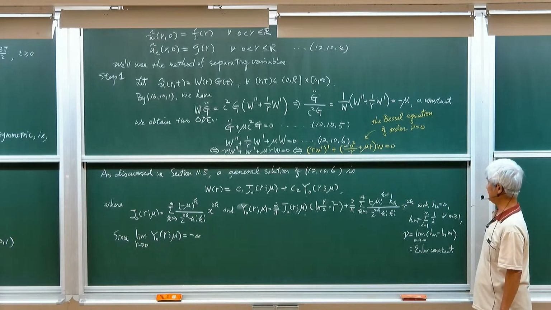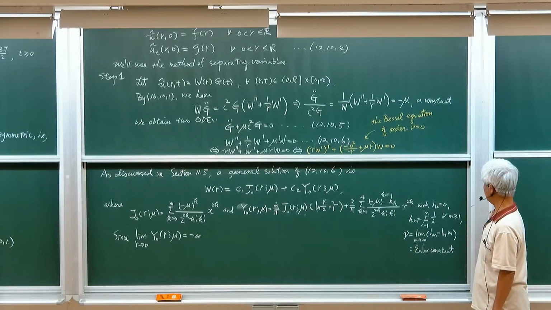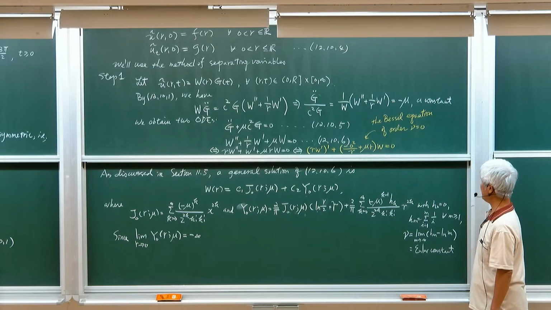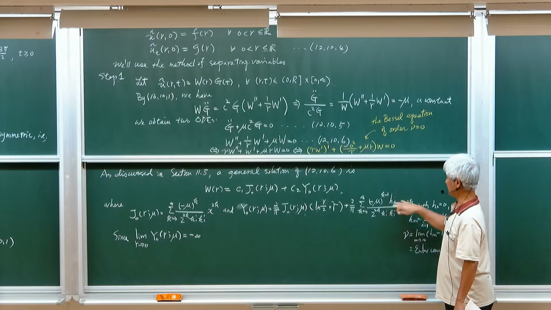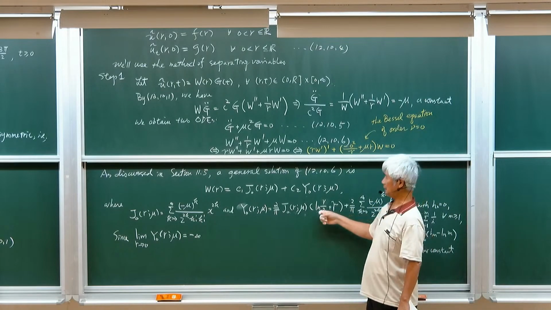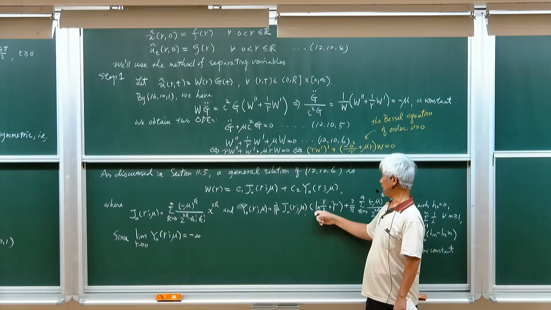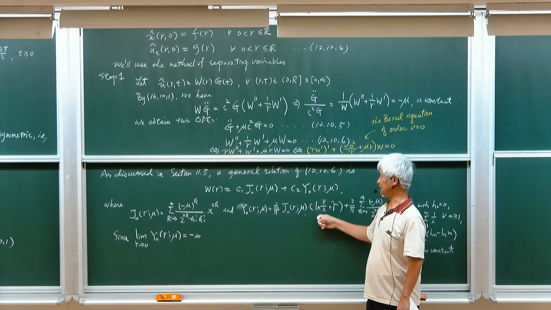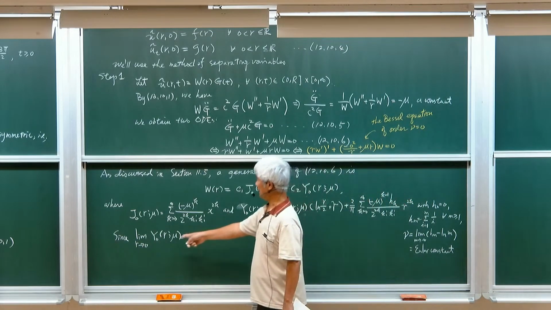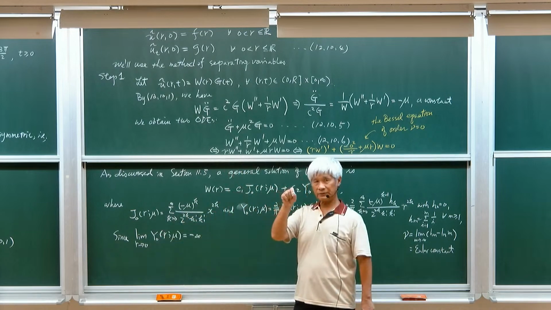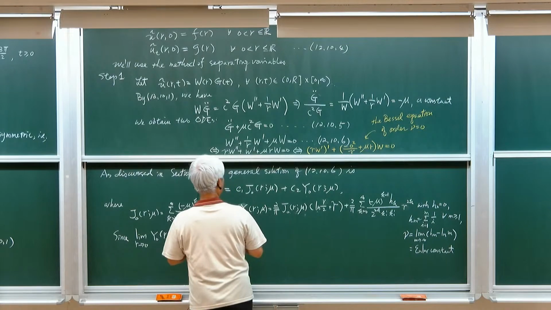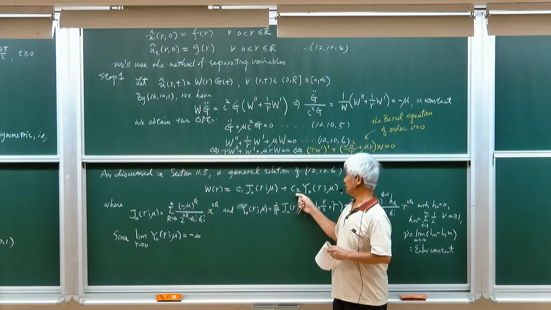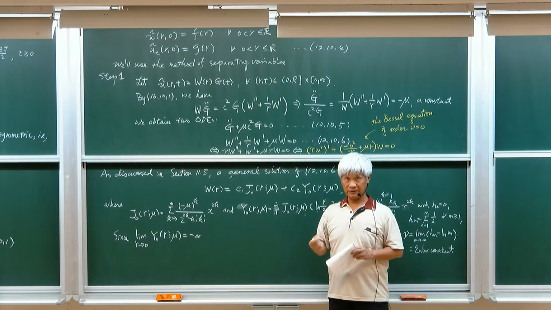And for r goes to 0, this goes to 0. So the only thing we have explosion in is in here. So as r goes to 0, this goes to minus infinity, and that means that this is not a physical solution.